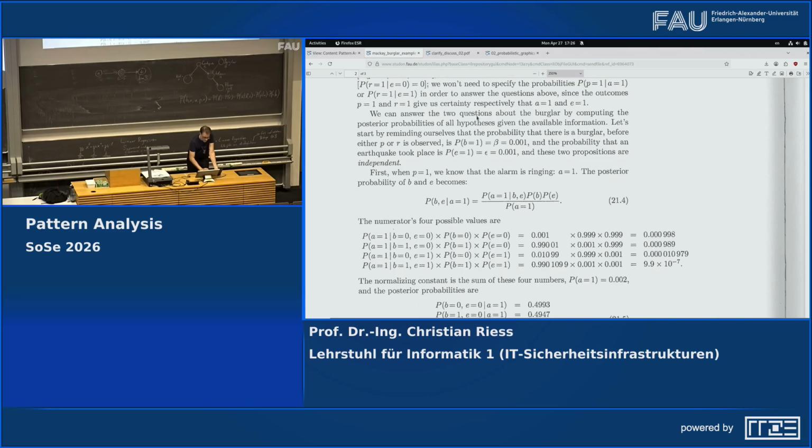We can answer the two questions about the burglar by computing the posterior probabilities of all hypotheses given the available information. Now it's interesting, now we're turning things around.